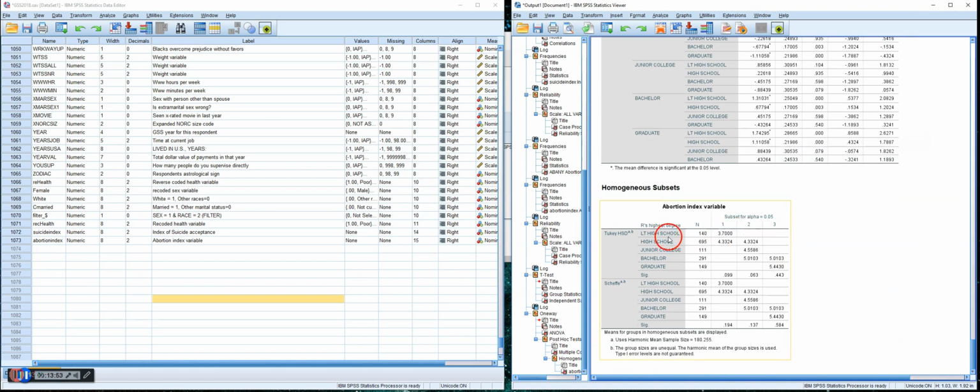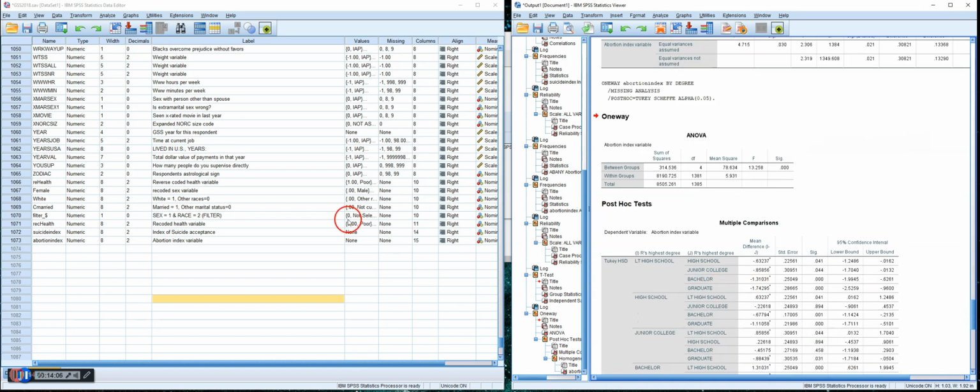Maybe there are 3 groups. Less than high school and high school people are one group, then maybe junior college and bachelor's degree, and the bachelor's degree and graduate degree, there are some specific groups. I will be covering correlation and regression later, maybe this week.